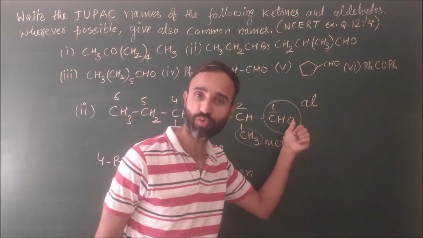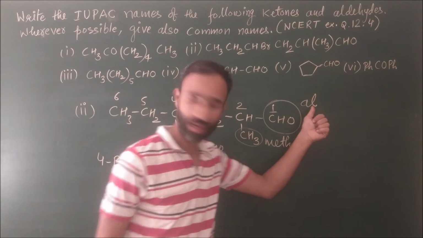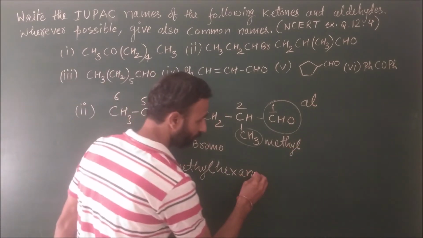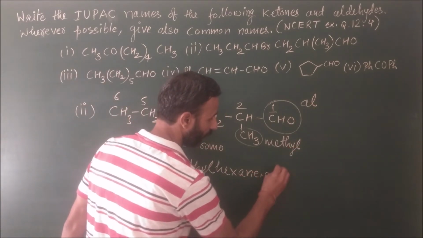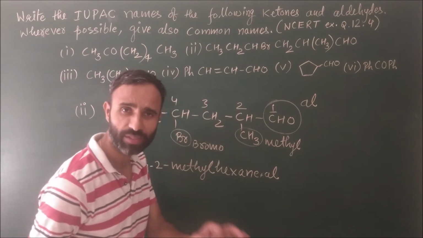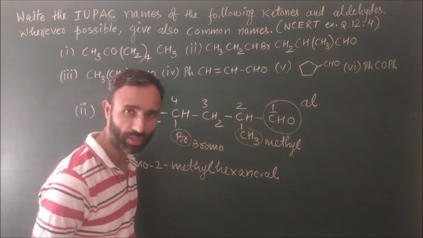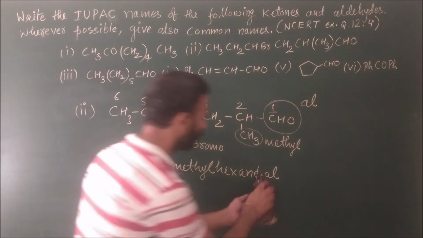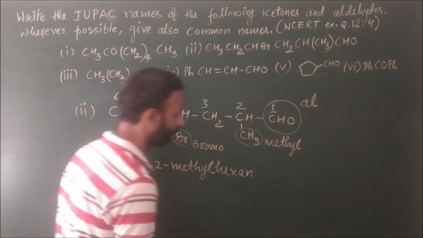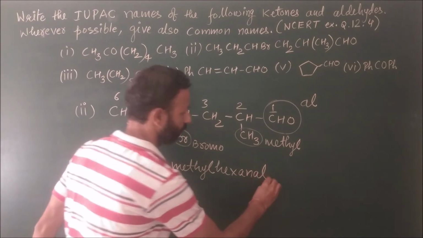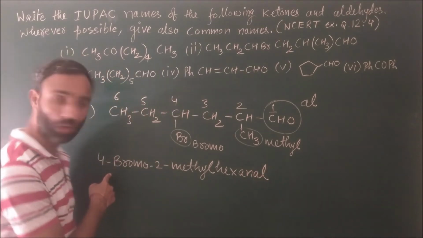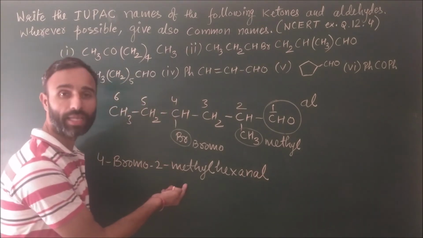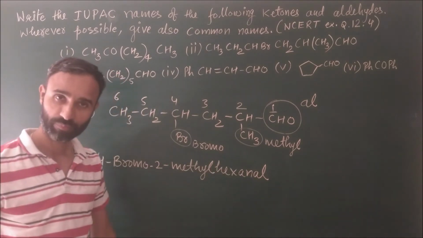Secondary suffix is used for functional group, right? So it is al. So hexane plus al. There is no need to write 1, the reason being it is always at position 1. So E is removed. So it becomes hexanal. So it is 4-bromo 2-methyl hexanal.